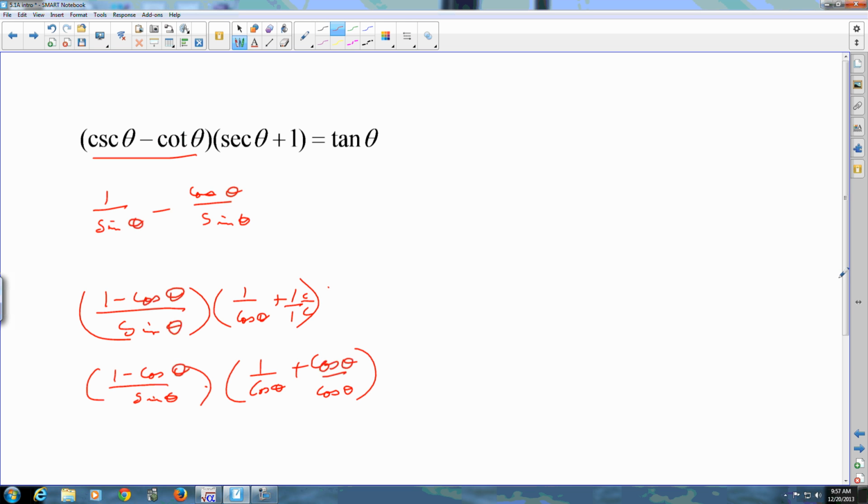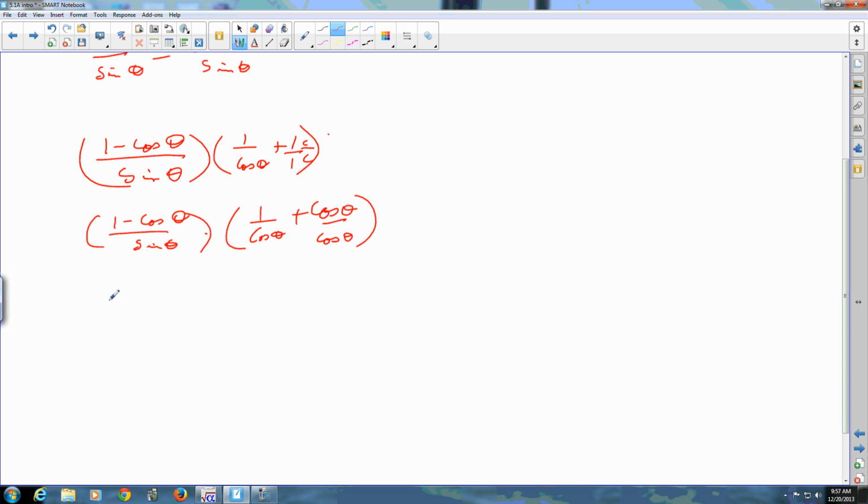You can bring this one together. So I've got 1 minus cosine theta over sine theta times 1 plus cosine over cosine. No, you can't cancel, so don't try it.